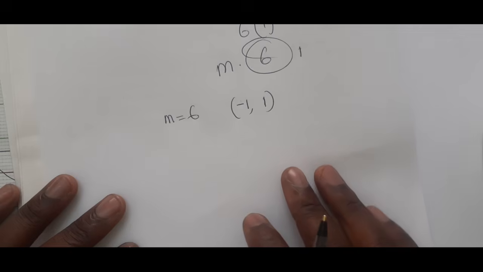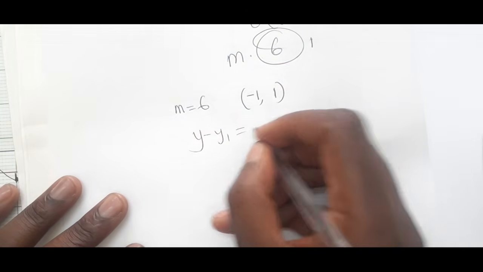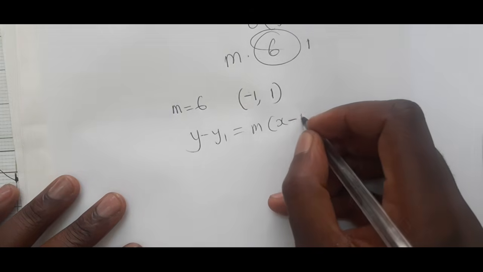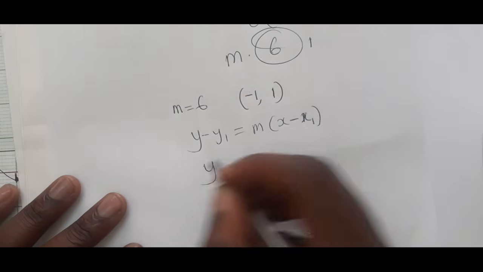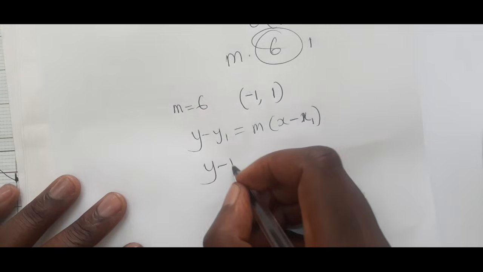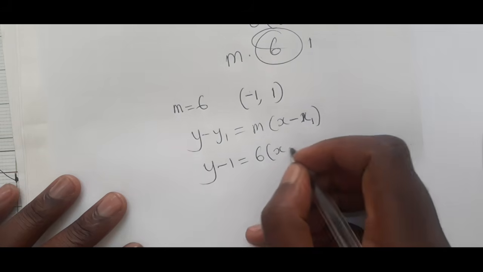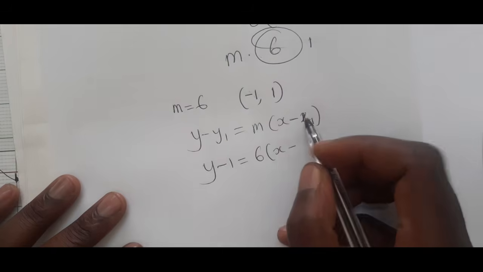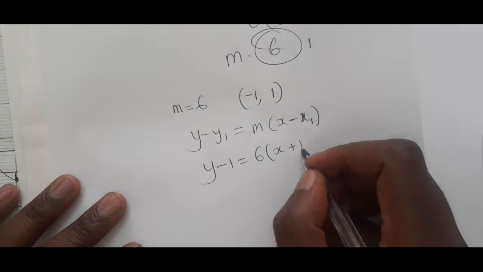So we can write the equation using these. The equation is y minus y1 equals m(x minus x1). So our y1 is 1, our gradient is 6, and x minus our x1, which is -1. This gives us a plus, because we have a minus and a minus, so we have +1.